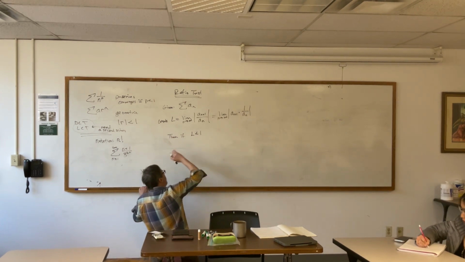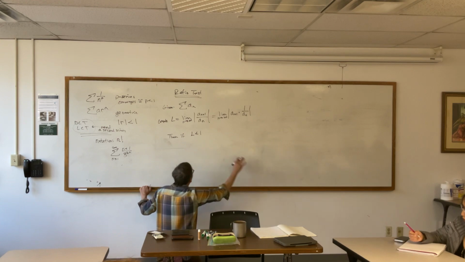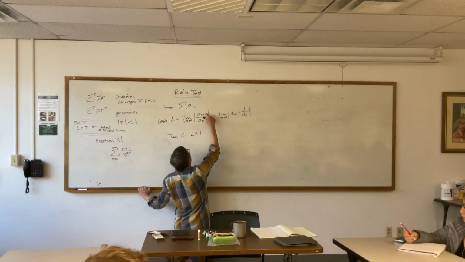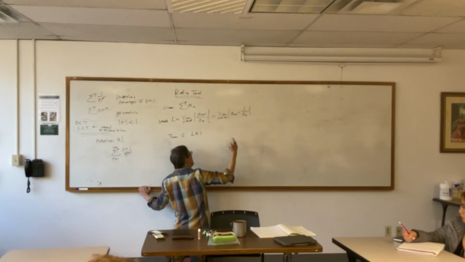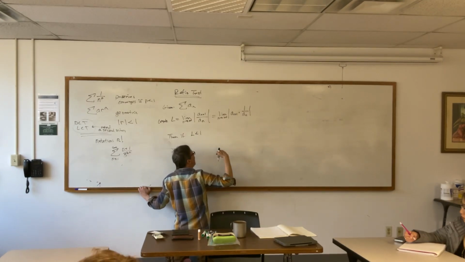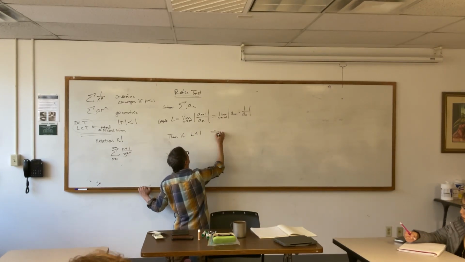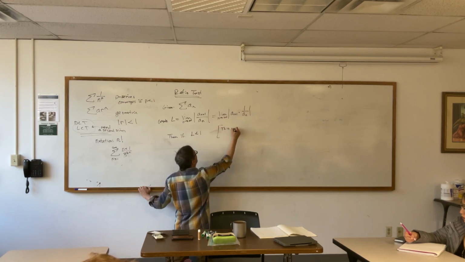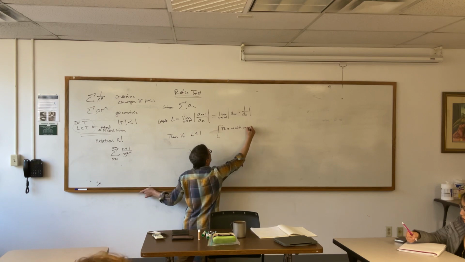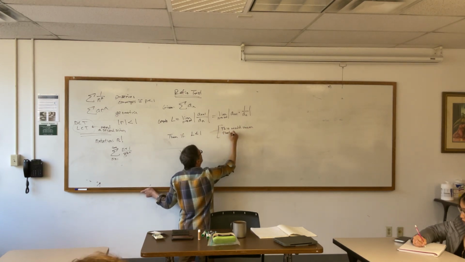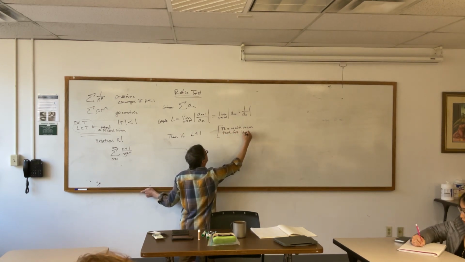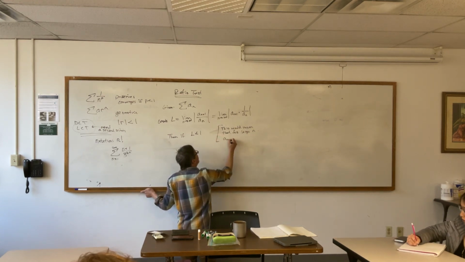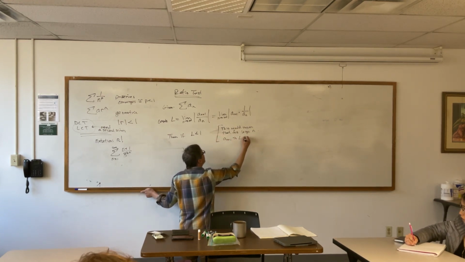then that means way out at the tail end of the series, to get from one term to the next, you're multiplying by a number that's less than 1. So let's make a little note here. This would mean that for large n, a sub n plus 1 is approximately L times a sub n.